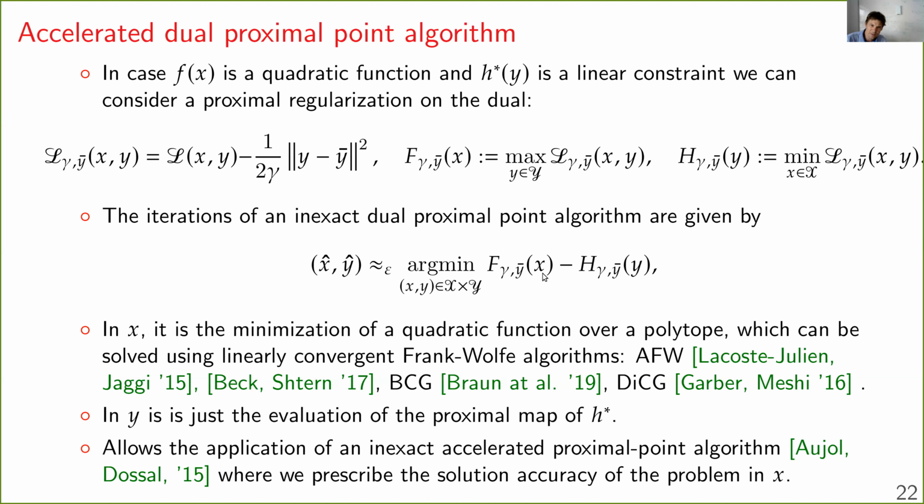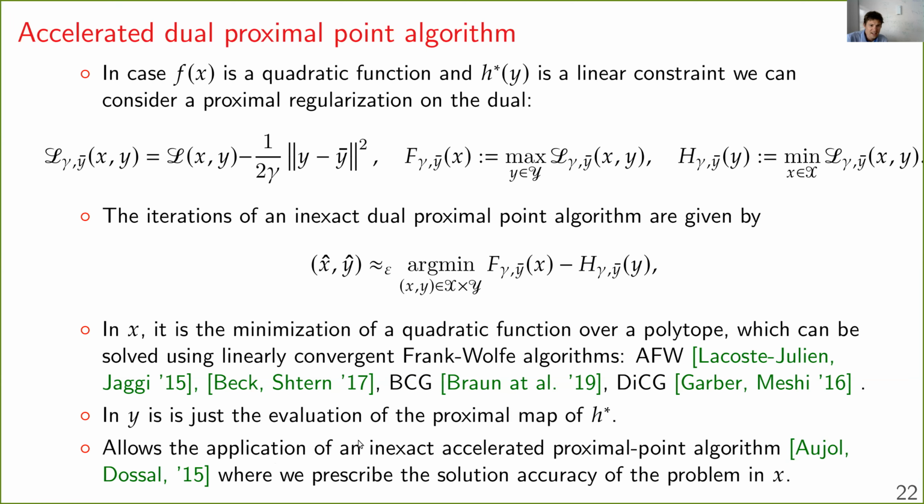So we can assume that we can compute approximate solutions to these iterations of a proximal point algorithm where the convergence is linear. And this gives us the possibility to apply an inexact accelerated proximal point algorithm on the dual. Here we make use of the algorithm of Salzo and Villa.